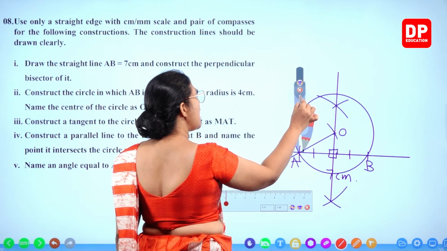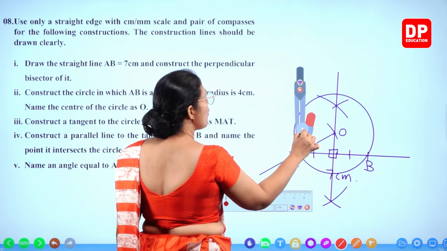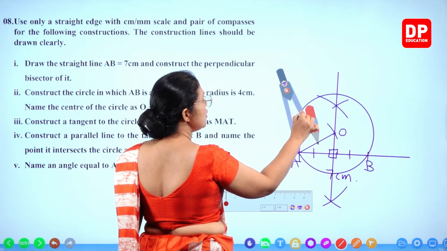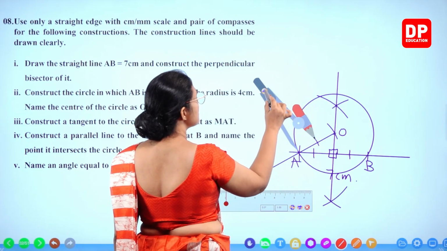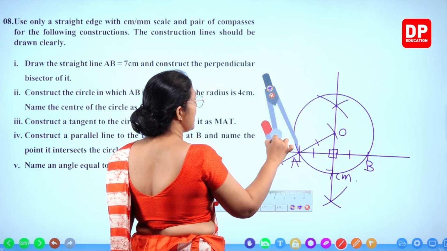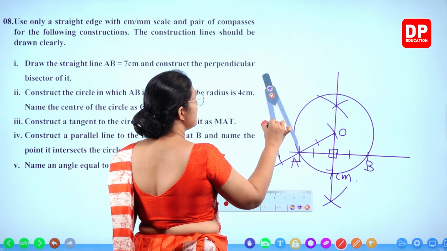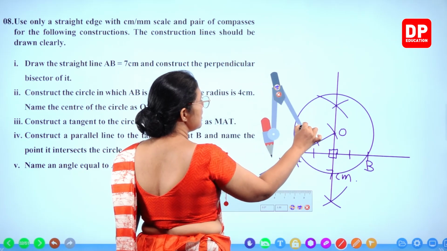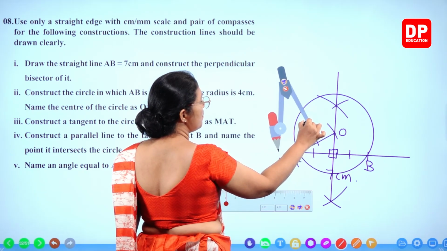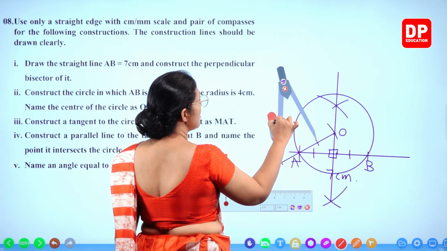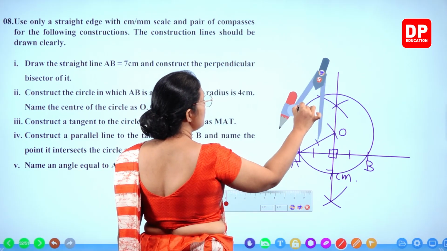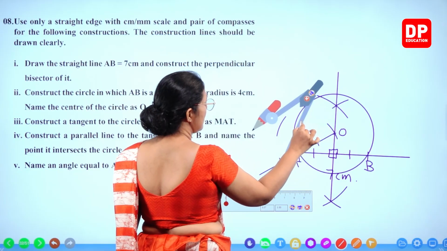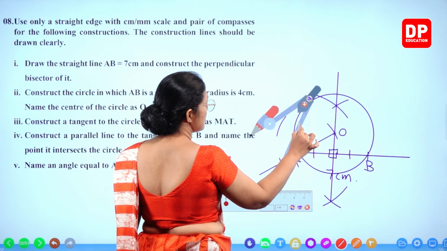You take any distance from the compass and keep on top of A, and you can draw 2 arcs on both sides. And then take another longer distance and keep on top of the marked arcs, and then you can draw the other arcs.